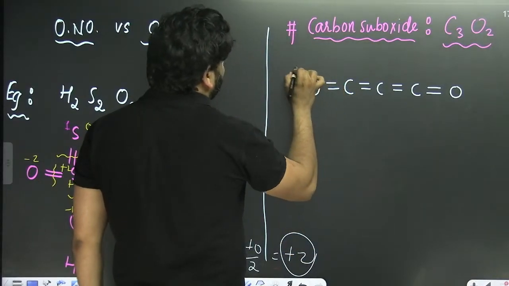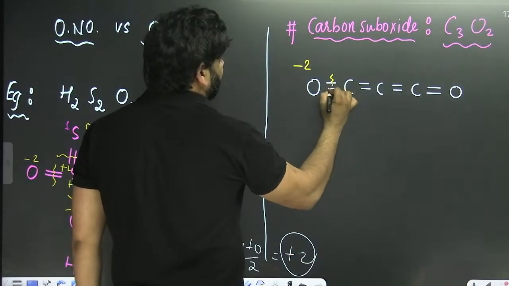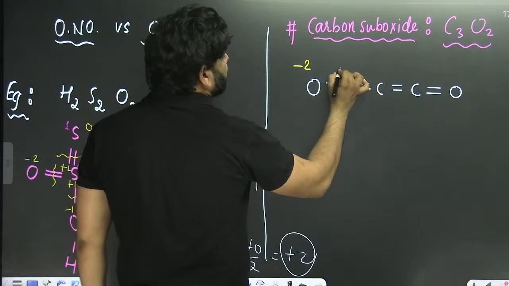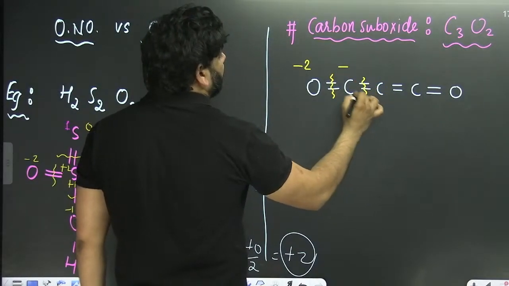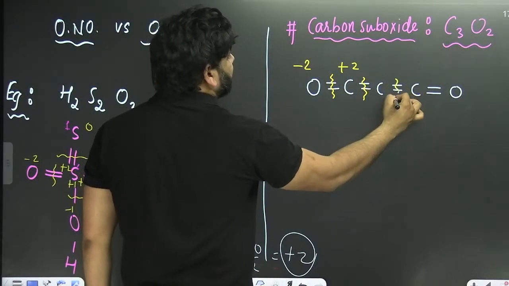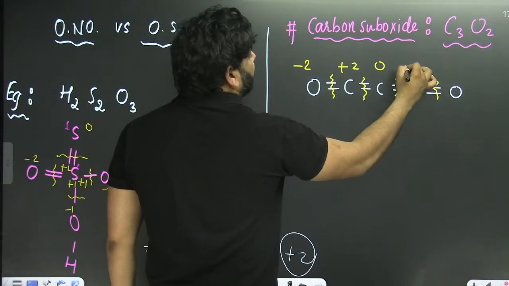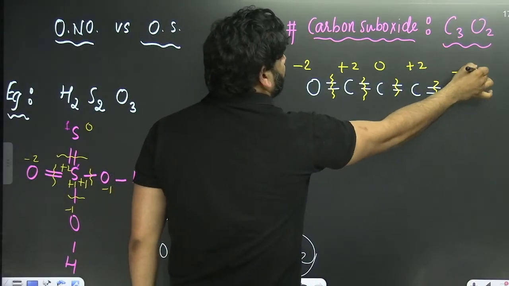Oxidation state from here will be -2. If you break down this bond, it is positive 2. It is like 0. On breaking this, it will be positive 2, and this is -2.